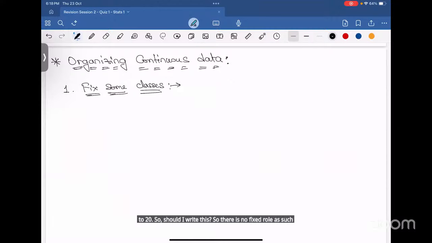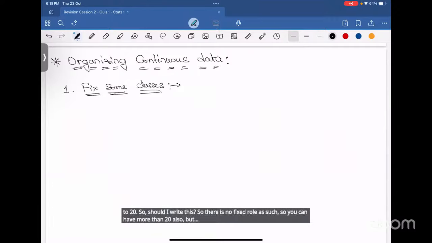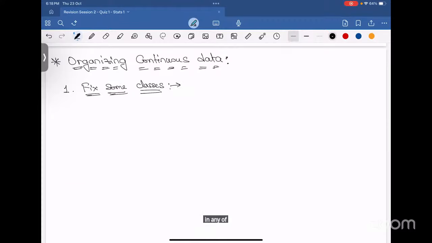You can have more than 20 also, but in any data analysis that we do, we usually will not have more than 20 classes or fewer than 5 classes. So classes should be between 5 and 20. That is one rule.